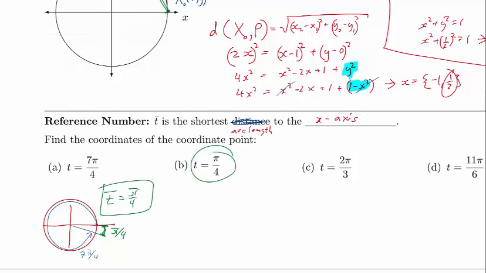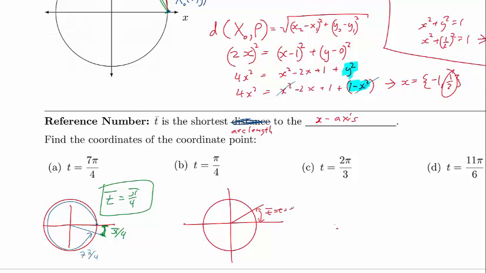On this one, note that on our circle, well, that's right there. In this case, t bar equals t, which is pi over 4.